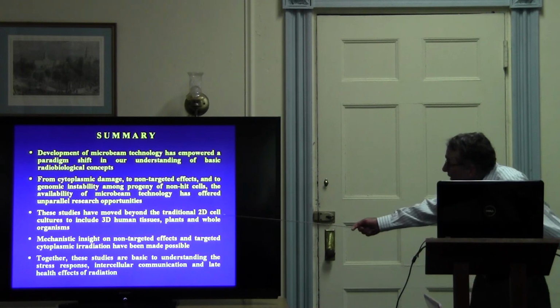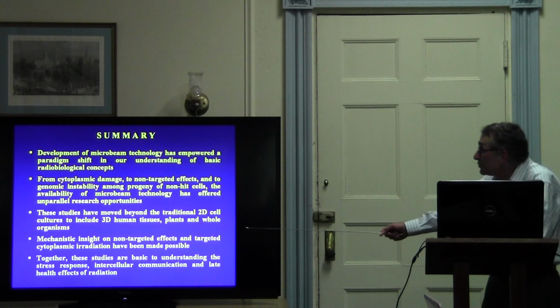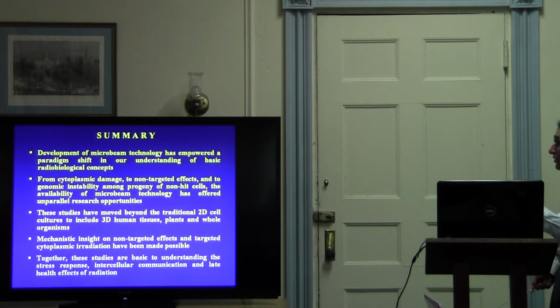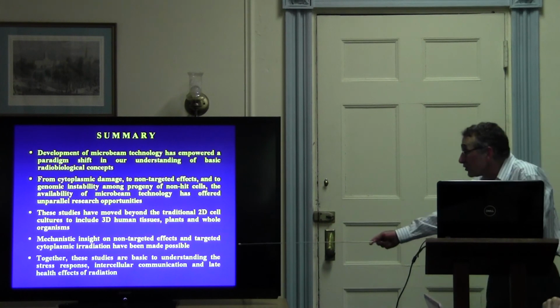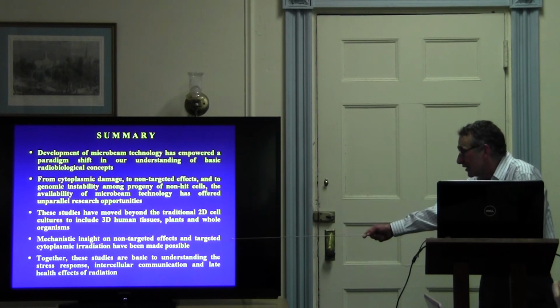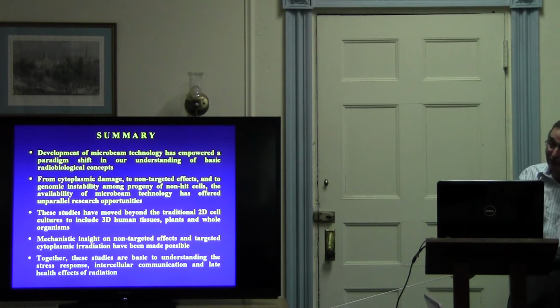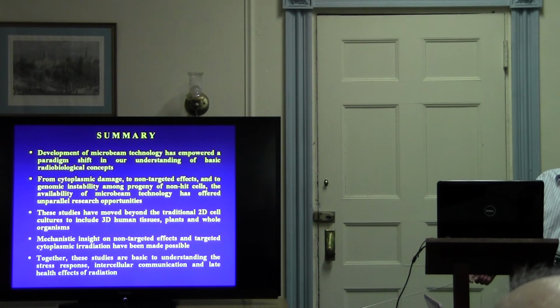And so we have moved beyond, with the transition from 2D to 3D human tissues. Plants and the whole organism can be exposed to microbeam, and we gain a lot of mechanistic insight on non-targeted effects, which has a lot of implication not only for radiation protection but also for radiotherapy.